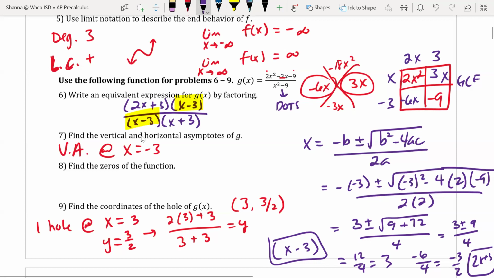Now, Alana, would you like to redeem yourself on the horizontal asymptote? Where is it at? It can't have an x. It's just y equals your coefficient.